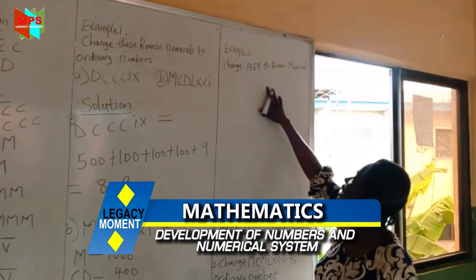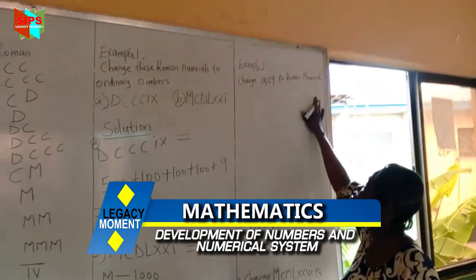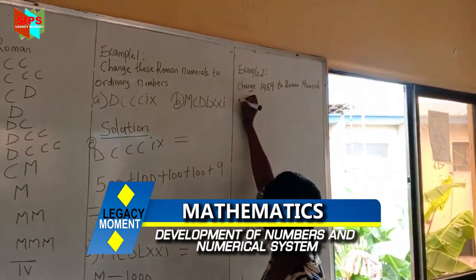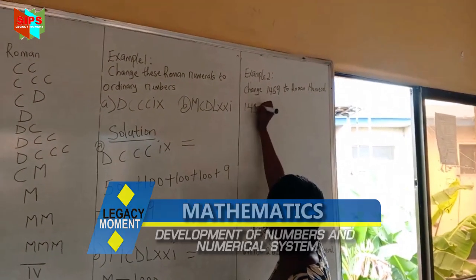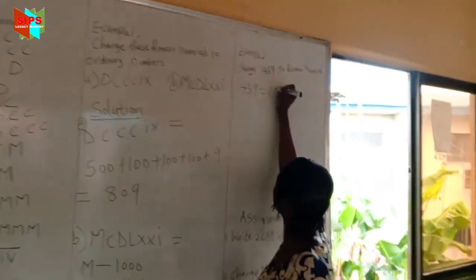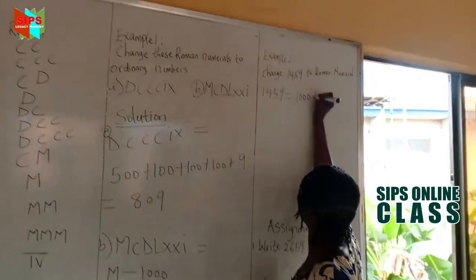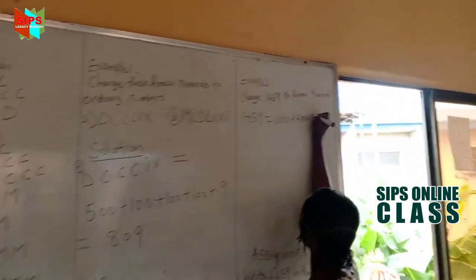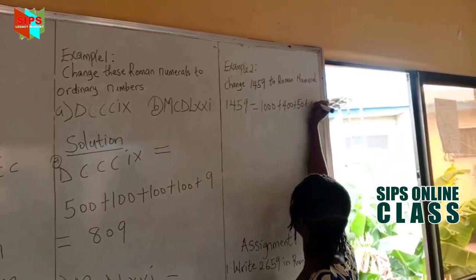So moving on to changing ordinary number to Roman numeral, we have 1459. Let's see the numbers that make up this: 1000 plus 400 plus 50 plus 9.